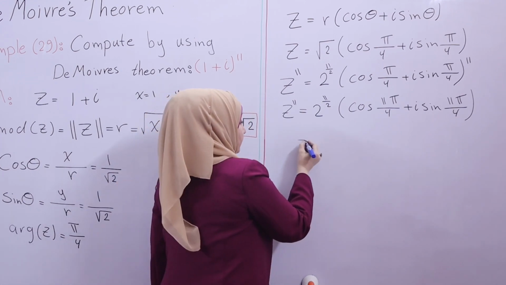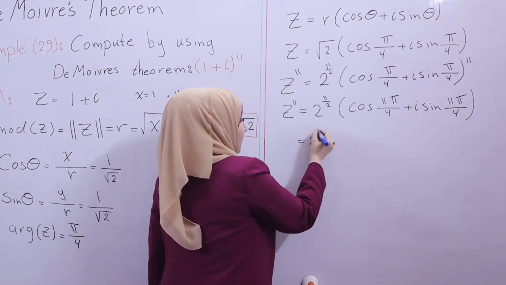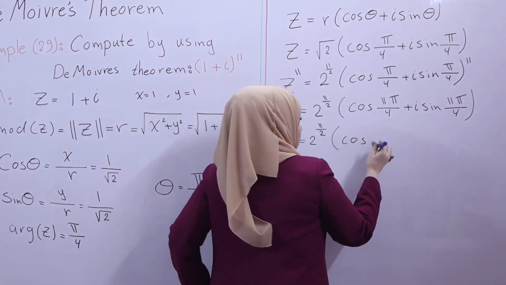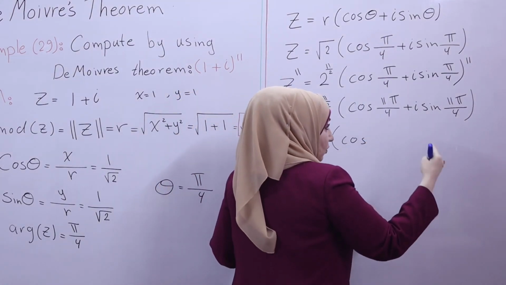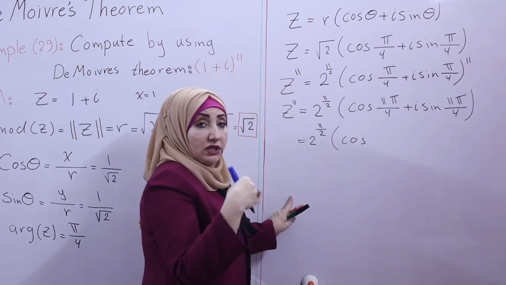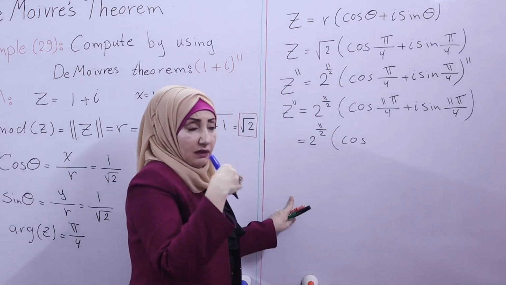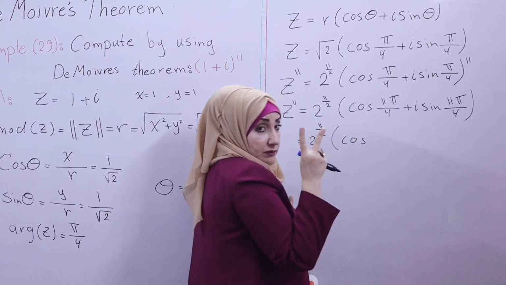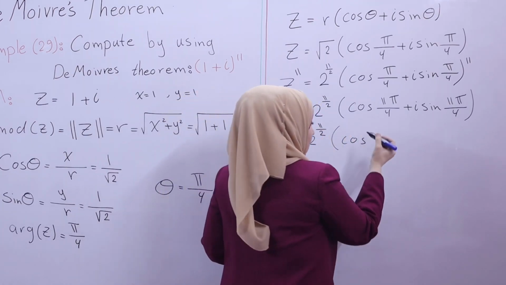So it will be 2 power 11 on 2 cosine. 4 راح أضربها في 2 أو مضاعفات الاثنين بشرط أن يكون الناتج أقل من البسط. إذا here we will multiply 4 by 2. راح نضرب 4 by 2.